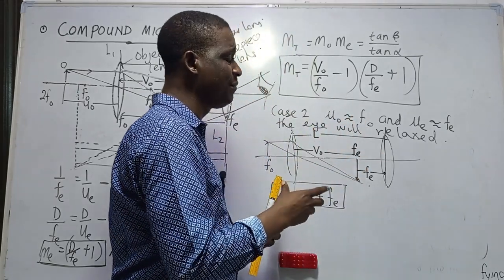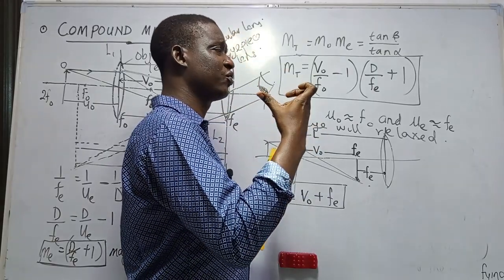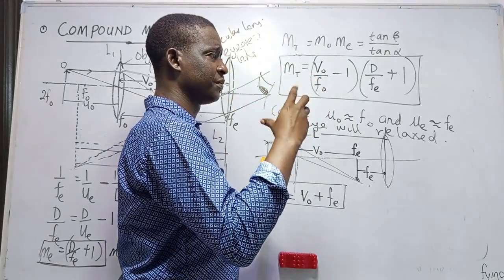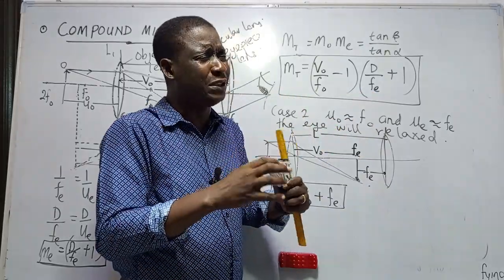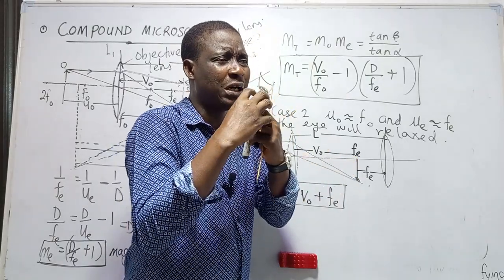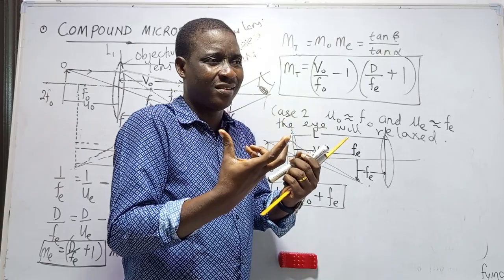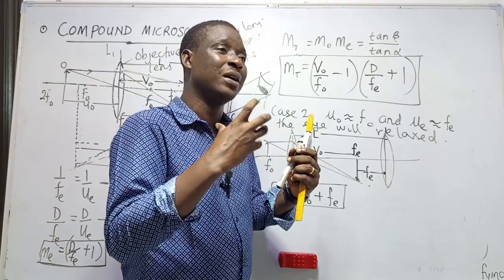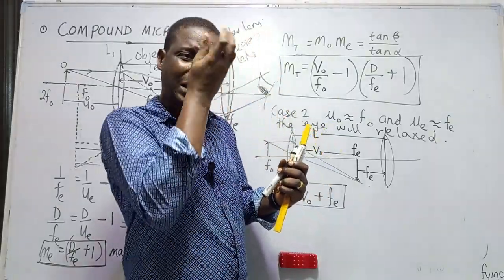Because the final image is at infinity, the eye cannot accommodate such a particular image. So the focus will be adjusted in a way that the eye will now relax, because at that point the image is unaccommodative to the eye.